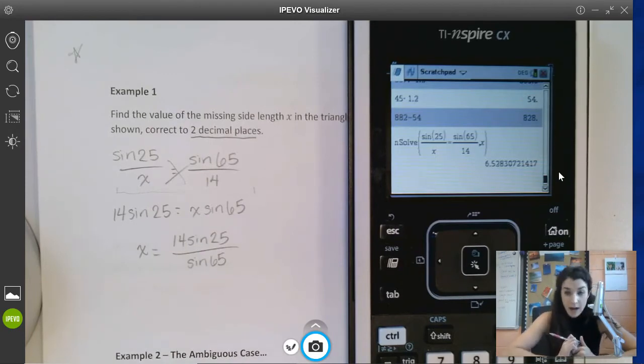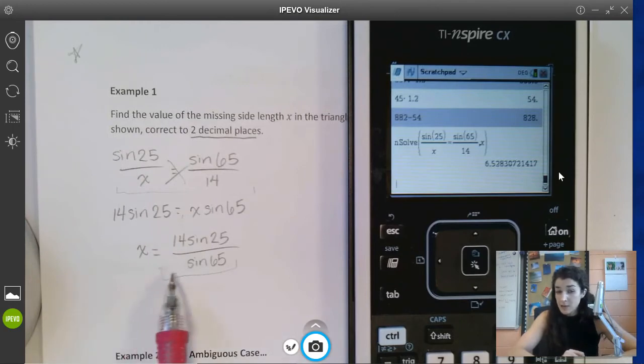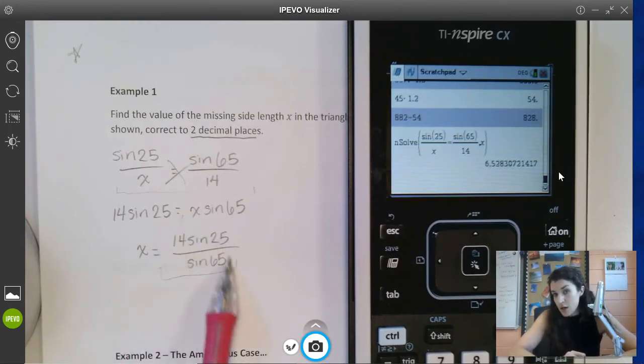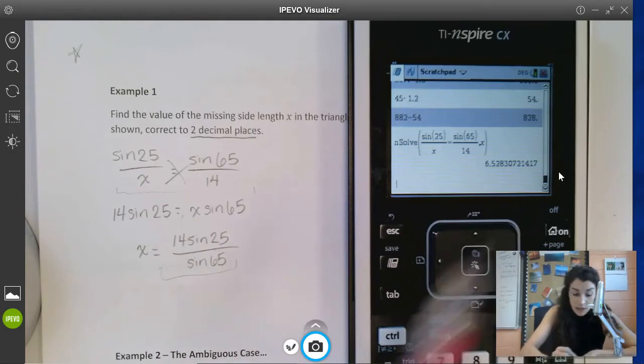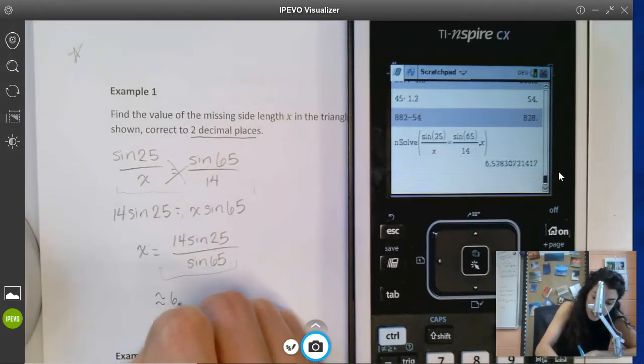Ta-da! 6.53. Or you could have just plugged in this whole piece, not the x equals, just this, because this is just a number. It is very specifically 6.53, give or take.